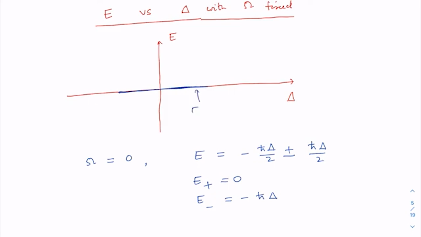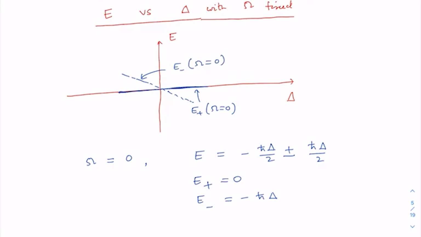So this is what I'll have for E plus when the Rabi frequency is 0, and for E minus, minus h cross delta, it has a negative slope, so I will have something like this. This is for E minus when omega is equal to 0.